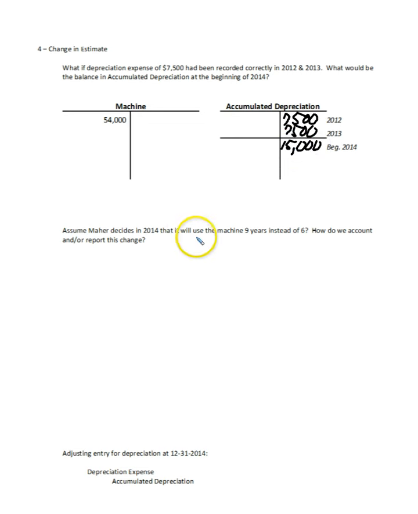So instead of changing the method, which is a change in accounting principle, or an error correction, they're just changing their estimate. So what if they estimate they're going to use it 9 years instead of 6? This is not an accounting error, by the way, if at the beginning when they bought this machine it was reasonable to anticipate they would only use it 6 years.